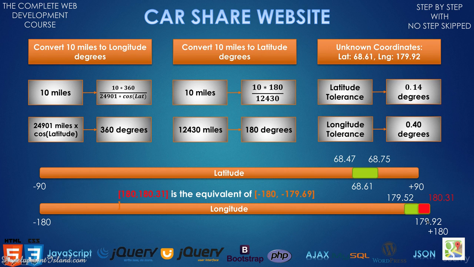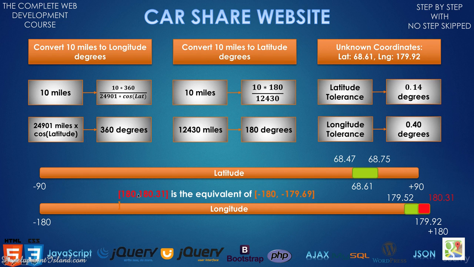Well, anything beyond 180 and under 180.31 is the equivalent of anything between minus 180 and minus 179.69. So how do we get these numbers?